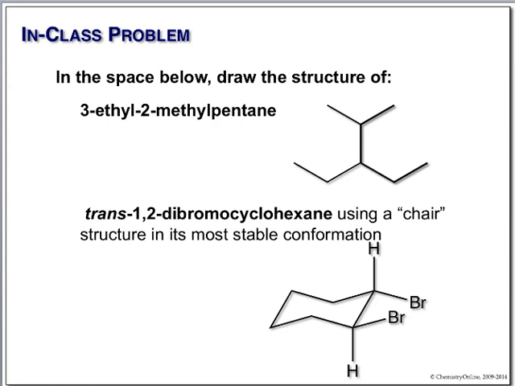Would we rather have a bromine equatorial? Well, before anything else, if I said that these were cis, then you would have to put 1 equatorial, 1 axial. But if you just had 1 bromine and, say, a methyl group, would you rather have the bromine equatorial?